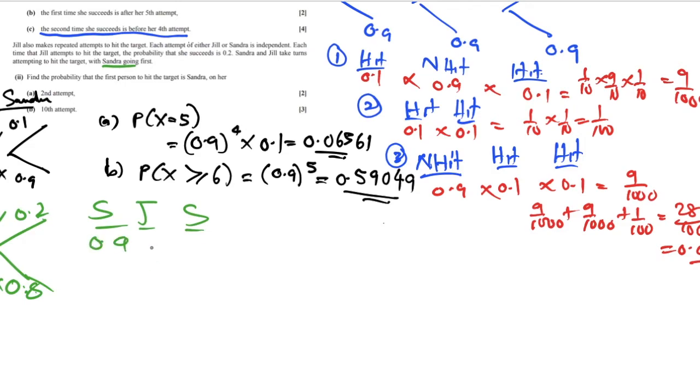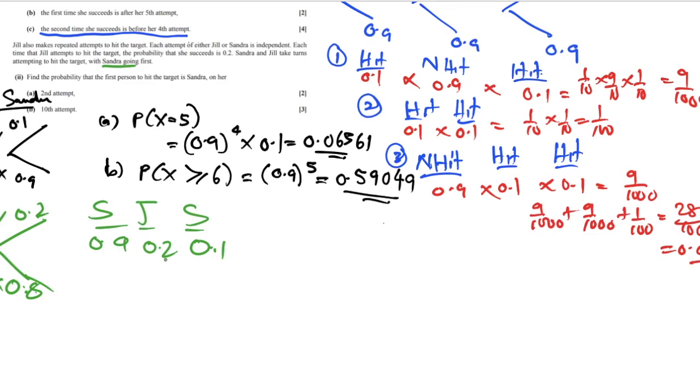And then Jill could hit, 0.2, and then Sandra's second attempt she hits, so 0.1, because the question says on the second attempt she makes it, that she hits the target.